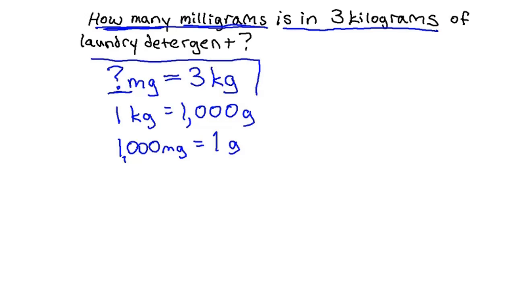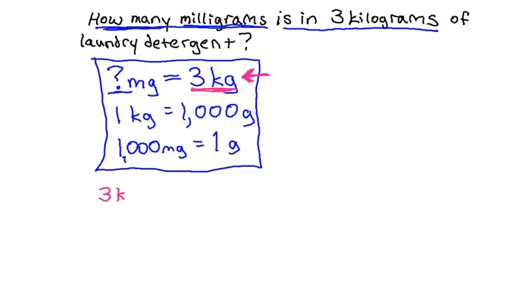Alright, so now we have our conversions, so we can write this out like usual and just go ahead and solve it using multiplication. So of course we always start with the row that has the question mark in it, and we go for what we know. We know 3 kilograms is in this row, so we're going to write down 3 kilograms, and we're just going to put that over 1. And we're going to write a multiply sign and another fraction bar.